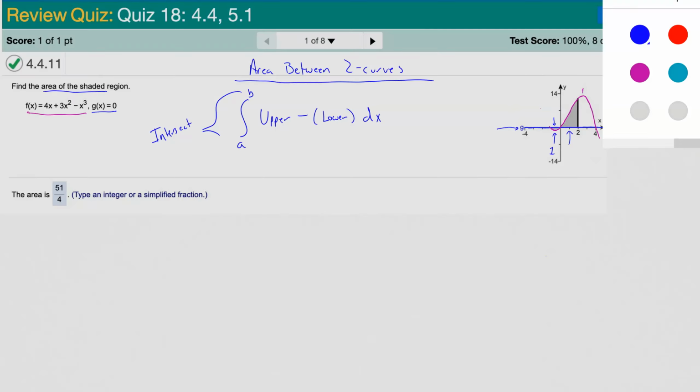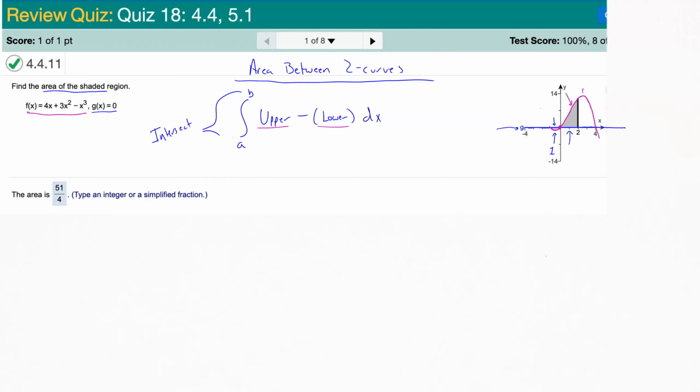What makes us do a second setup is that once we get past that point right there, the pink equation is now on top and the blue equation is on bottom. The pink equation is now the upper equation and the blue equation is now the lower equation. So their position changed, so we have to do a second setup. We'll do two setups, one for the first area and one for the second, and in the end, we'll just add those results to get our final answer.